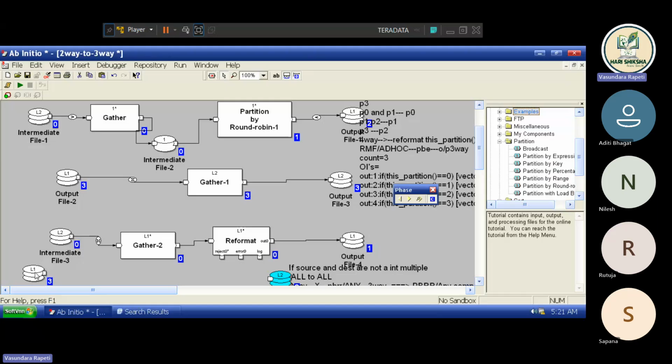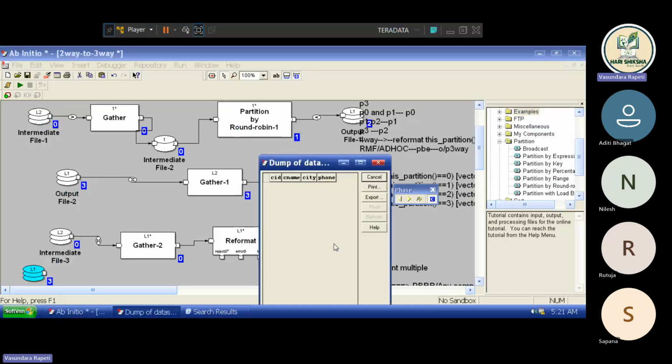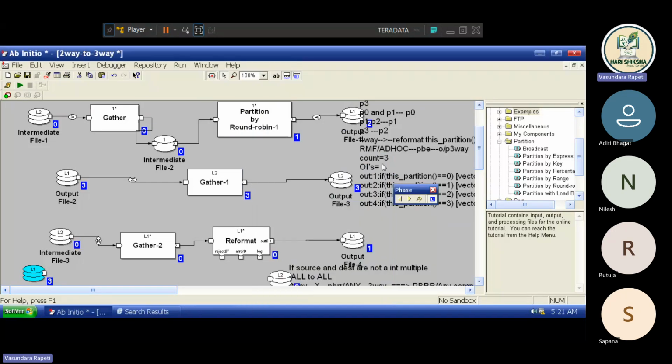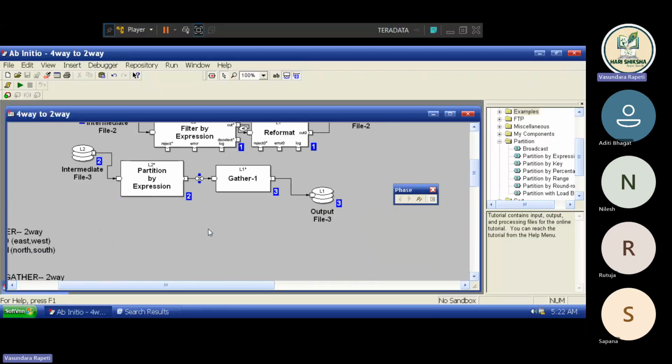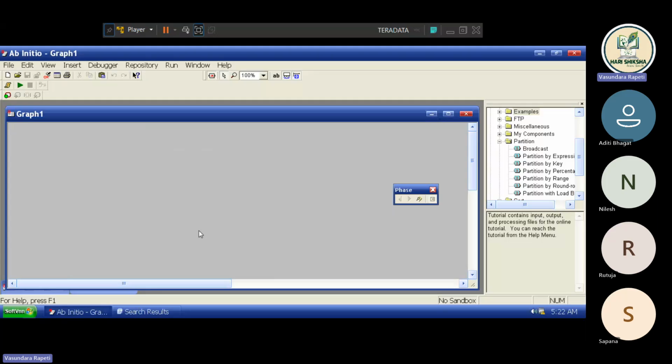I think we are using the same data, 106, 1, 2, 3, 4. Yeah, same partition by expression I will use here, and same gather, like this. That was four-way to two-way, but this is three-way to two-way.